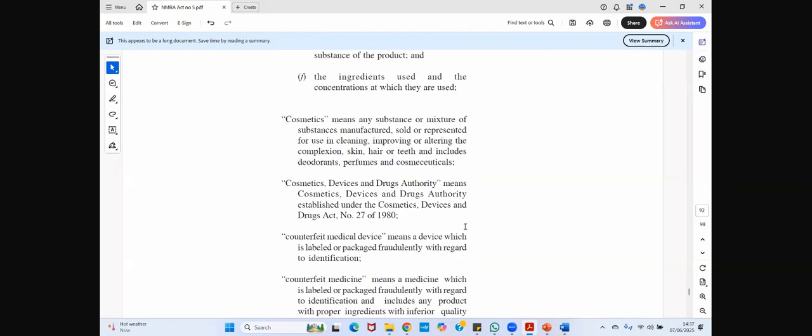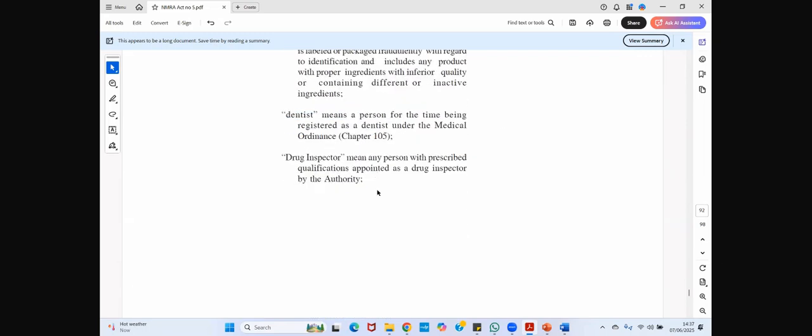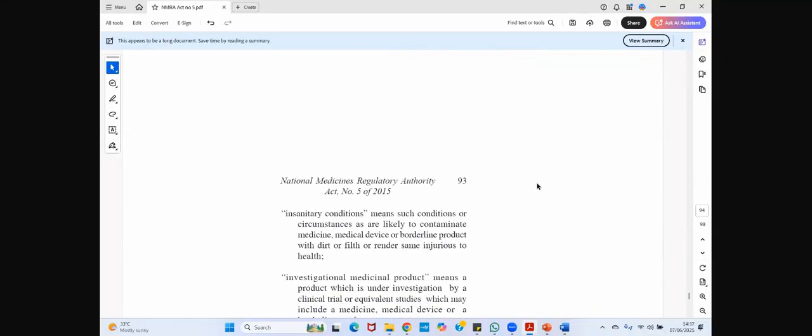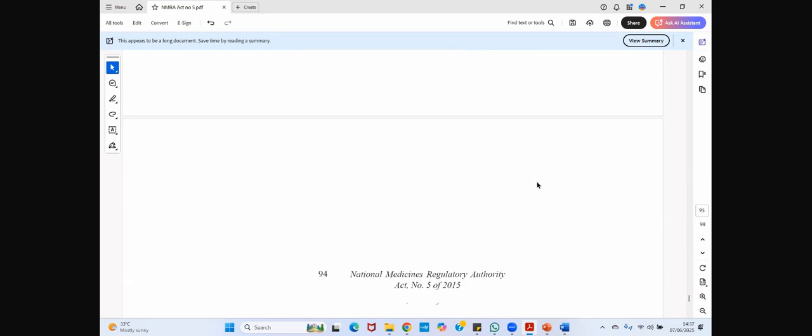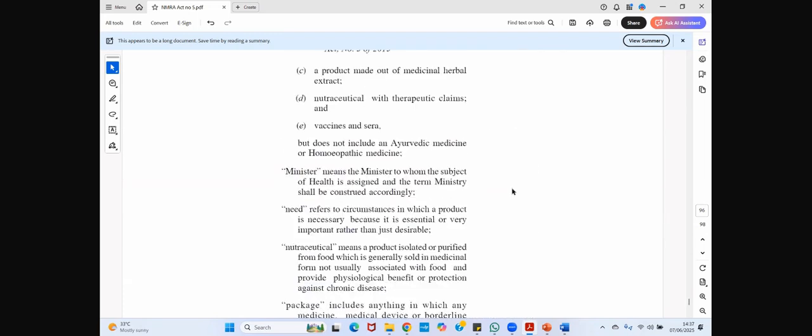What is CDD Act? And fraudulently, right? Generic medicine means good distribution, manufacturing, pharmacy practices, right? In sanitary condition, labeling, right? Everything, every definition is given here, right? In the Act.